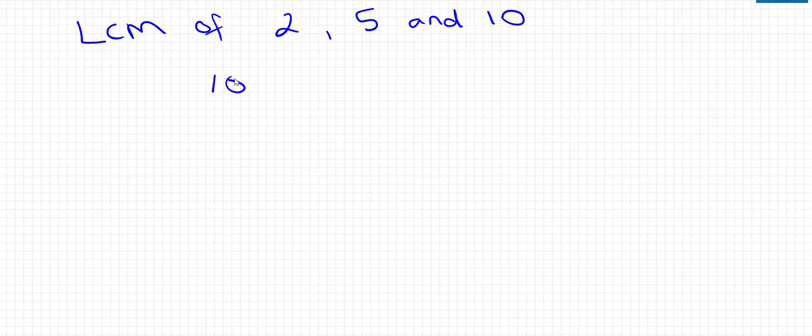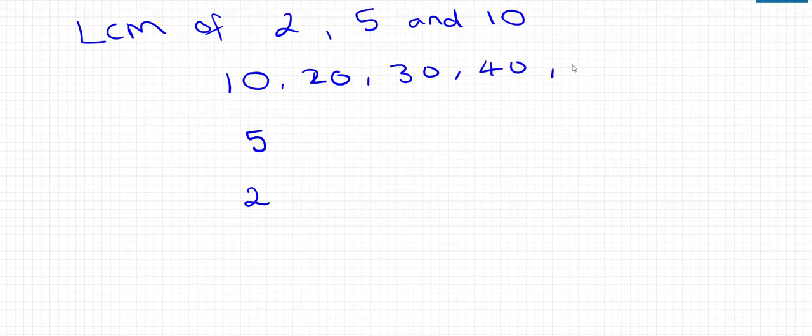If you started with 2 or 5, that's fine. I just like to start with my largest one. Then I'll find multiples of 5 and multiples of 2 and see which one all 3 have. That's the lowest one. So multiples of 10: 10, 20, 30, 40 and 50.